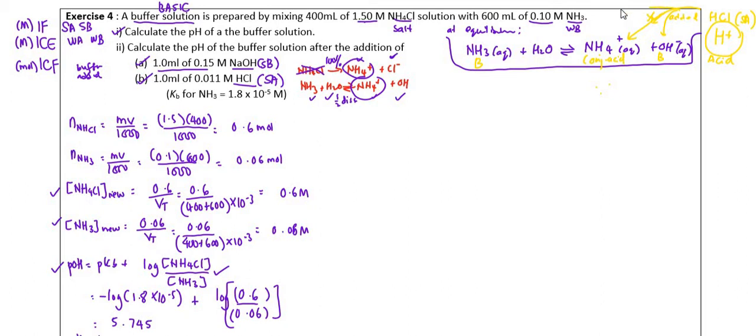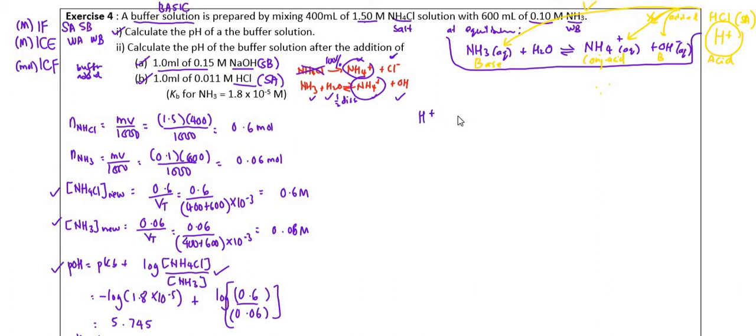Alright, so dia akan memilih this NH3, yes. Sebab ini bersifat base. So kalau dia consume yang ini, dia memilih this species. Itulah equation yang kita perlu tulis. Okay. And sorry, kita starting dengan H+ lah.